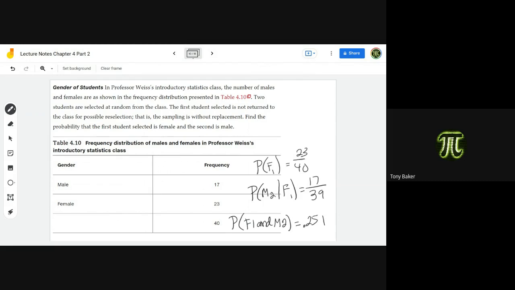So the probability of picking a female first is 23 out of 40, and then the probability of picking a male second, given that a female is already gone, is 17 out of 39. You multiply those two fractions together and you get 0.254, so about 25%. And that makes sense given the proportions of the class. It's about a 1 in 4 shot of having that happen.